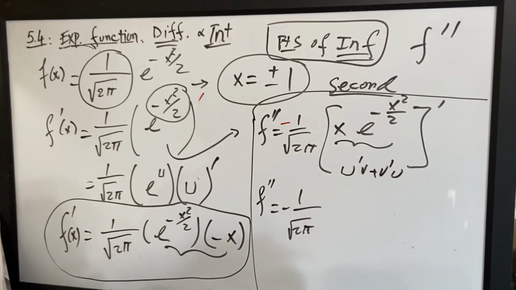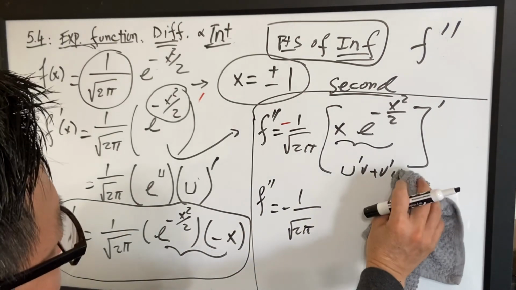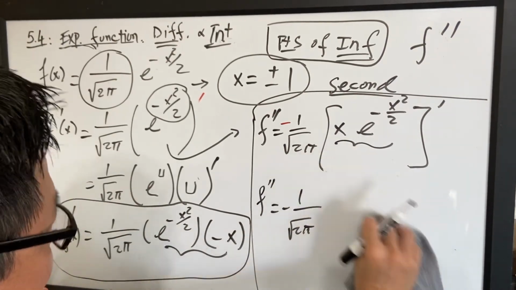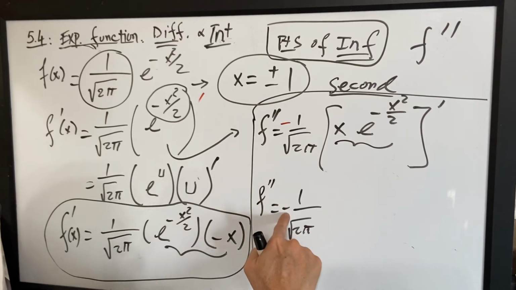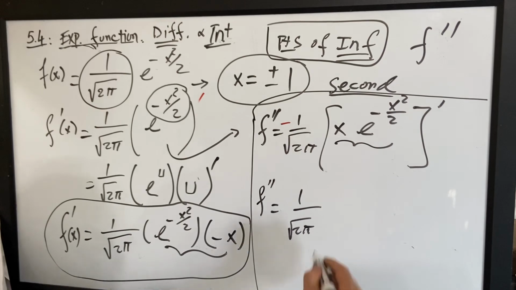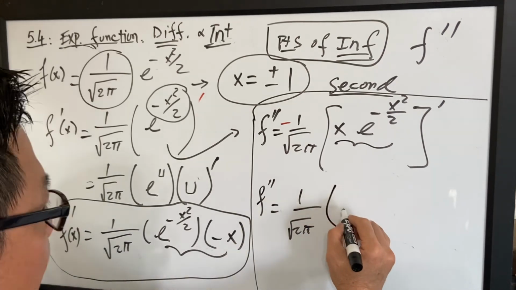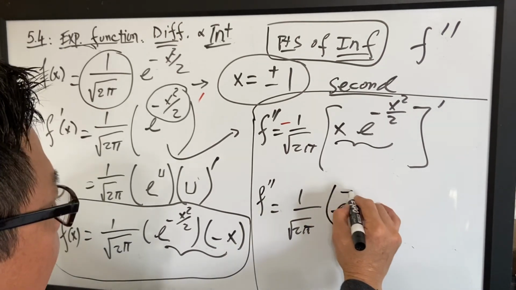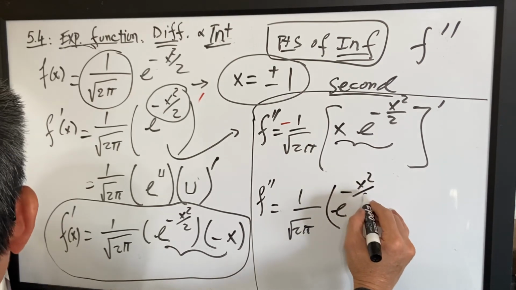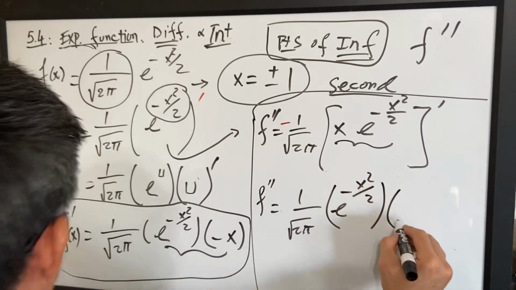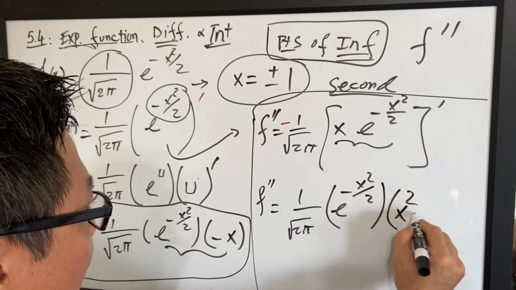For the sake of space, I can just give you exactly what you have when you do the second derivative, bringing the negative in. Okay, here we go. This is what you have: e to the negative x squared over 2 times x squared minus 1.